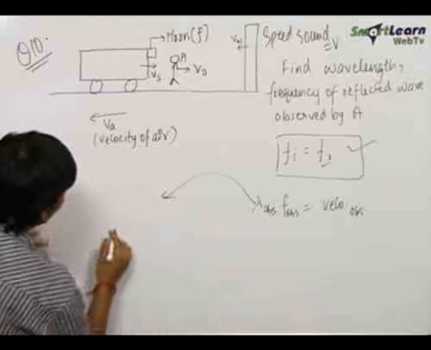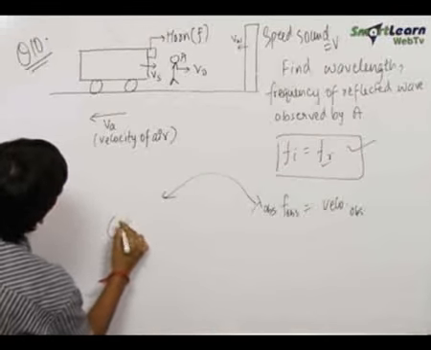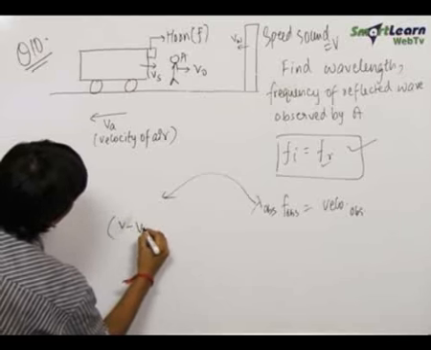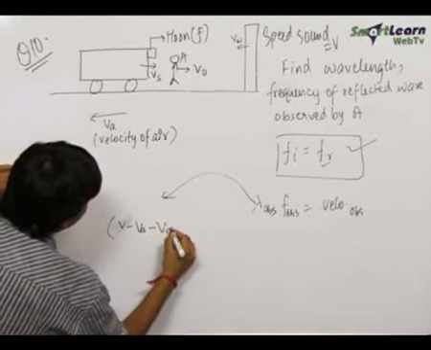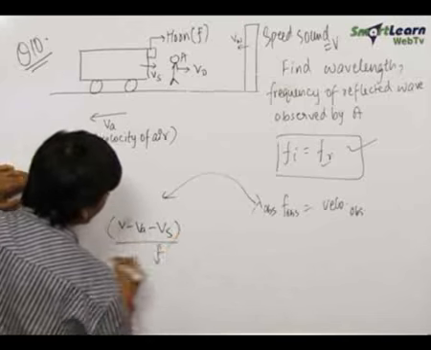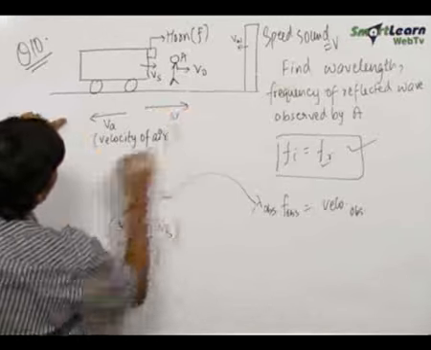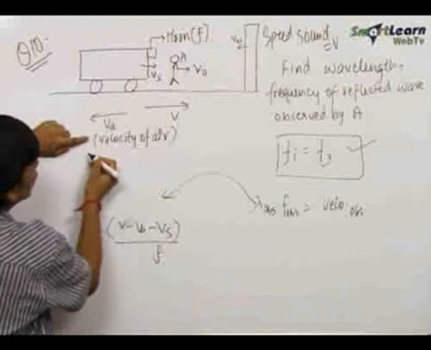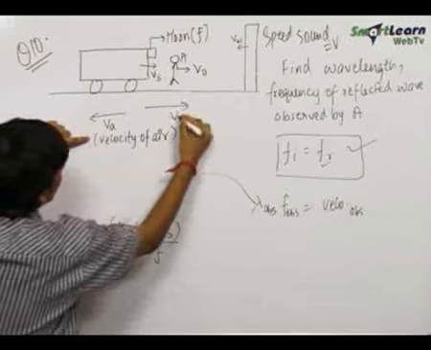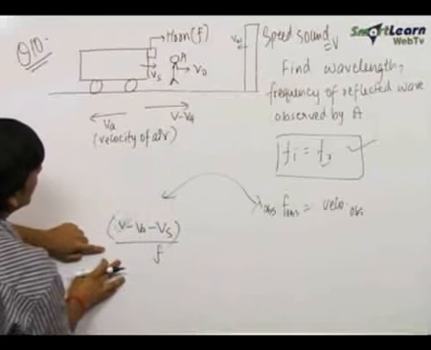So the lambda sent in is equal to (V' minus Vs) into T, that is 1 upon F, where V' is V minus Va. This is because sound travels here with V, but since the velocity of air is Va, we subtract Va. Therefore the net speed with which sound travels in this direction is V minus Va.